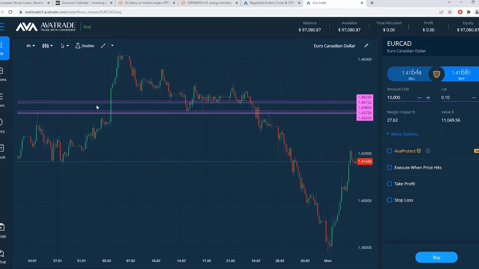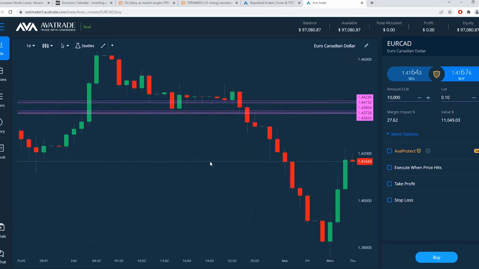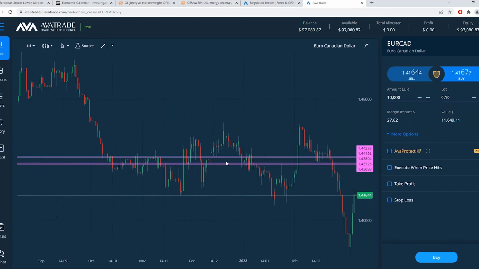Okay, so now let's switch to a larger candle. Maybe 1 day candles. From the 1 day candle perspective, this resistance level that we saw on the 4-hour candles is maybe not where our eyes should be. Maybe our eyes should be on the 1 day candles here.